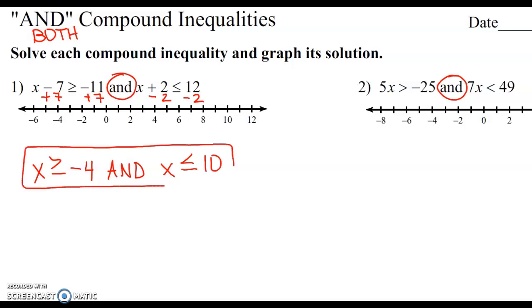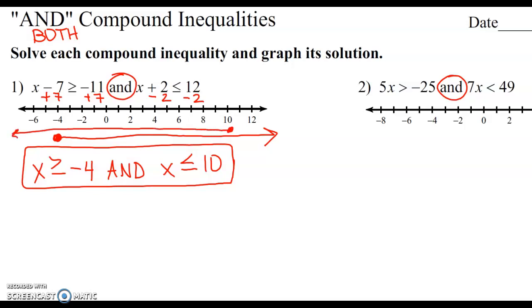So I want the numbers where both of these things happen, right? I need to have numbers that are going to be greater than or equal to negative 4 and at the same time less than or equal to 10. So I'm looking for where both of these happen. So my answer would be starting at negative 4, including negative 4.